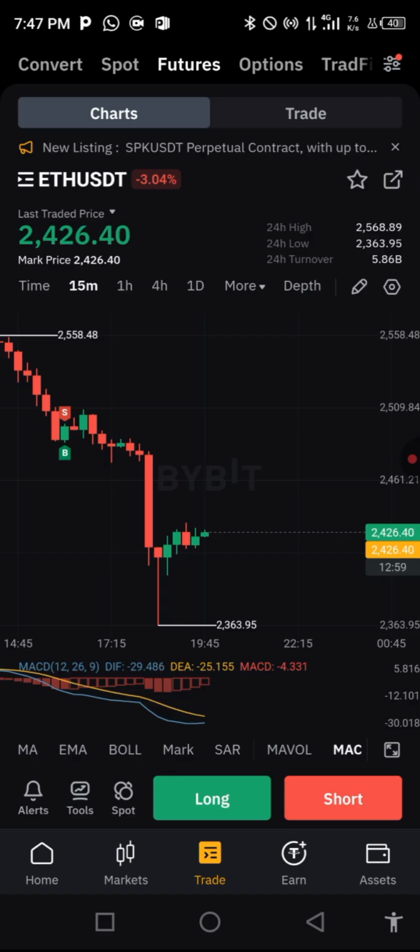That is the concept behind spot trading. In spot trading you can only make money when the price is going up, because you're buying an asset, keeping it to appreciate in price, then selling it and making profit based on the price difference. That is how spot trading works.